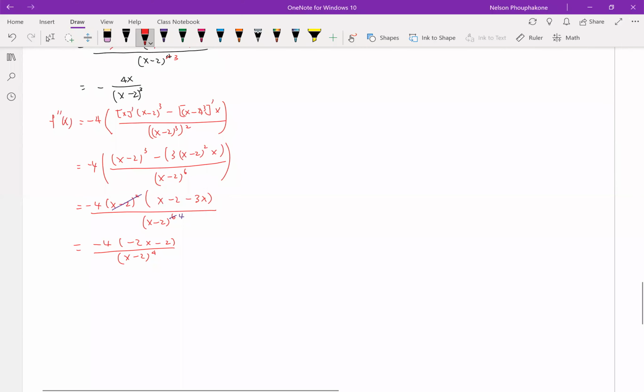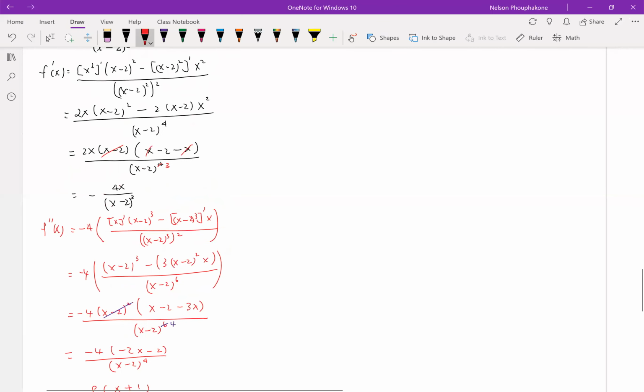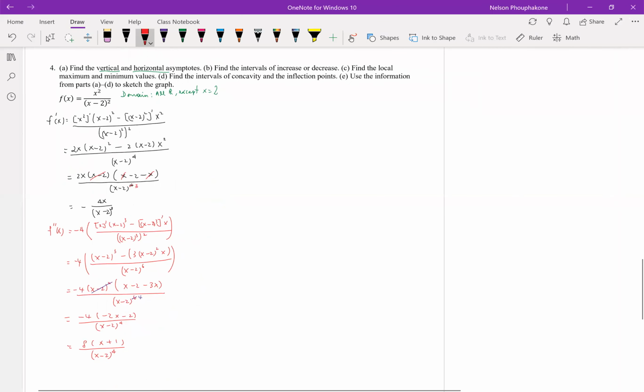And then maybe we could take out negative 2 here. So now we find our first and the second derivative.